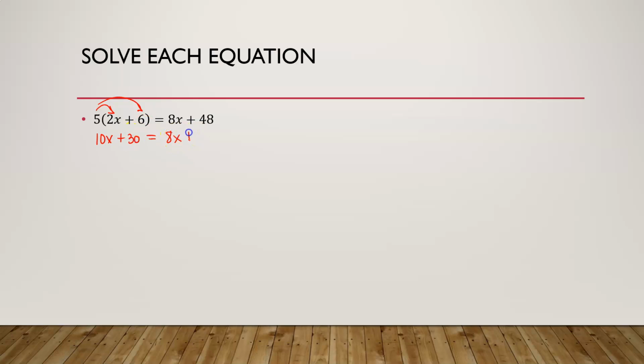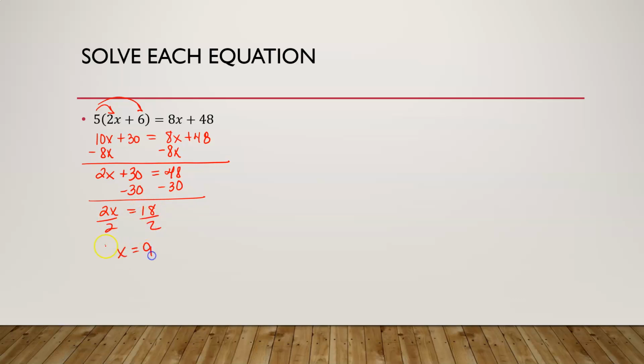And then I have 8x plus 48. So I'm going to subtract that 8x. So I'm left with 2x plus 30 equals 48. I'm going to subtract 30. So I have 2x equals 18. And when I divide by 2, I have x equals 9.